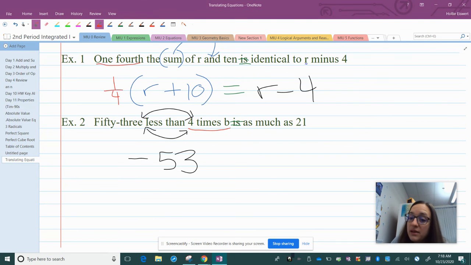We could write it with parentheses. But in algebra, a number right next to a variable is multiplication. So we write it as 4b. That shows us it's 4 times b. Lovely. We know our is as much as, well, 21. Boom. Done.